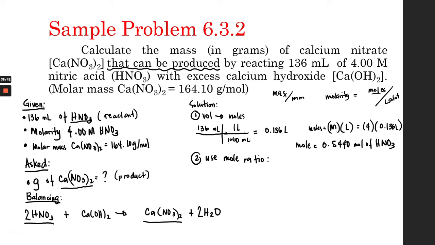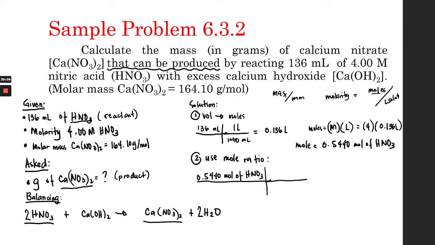You'll begin by using the moles that you figured out in number 1, which is 0.5440 moles of HNO3, and then you multiply it by the mole ratio between the two.